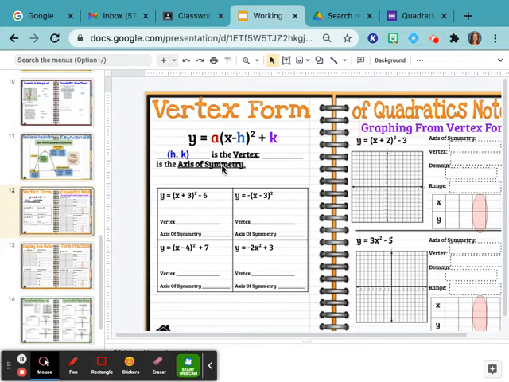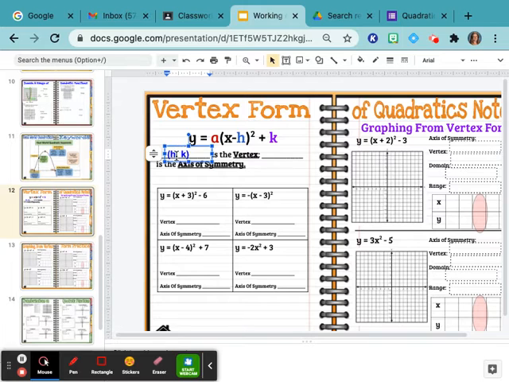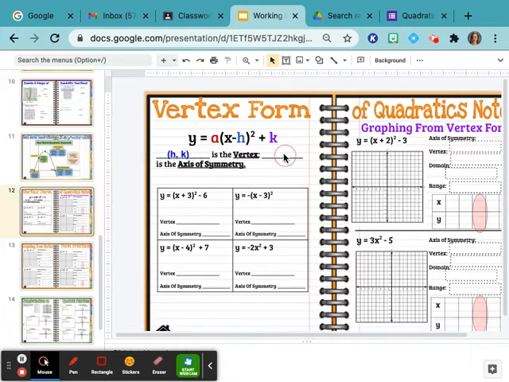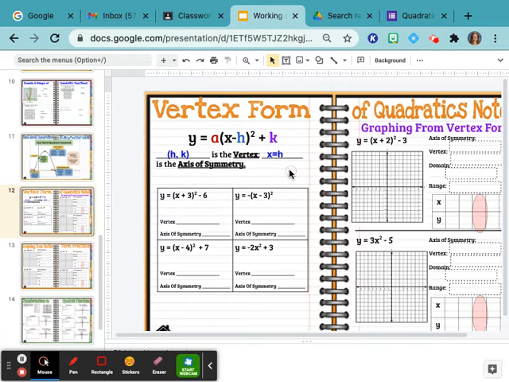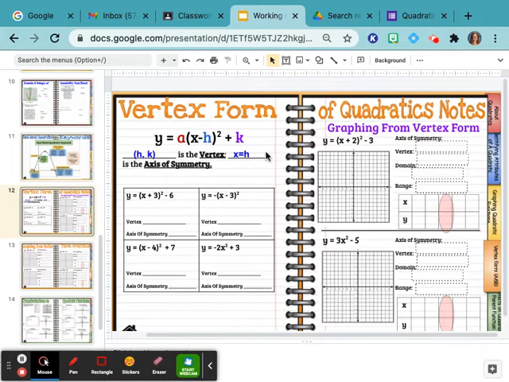It says blank is the axis of symmetry. Whenever we do our axis of symmetry, we use the x value of the vertex. So our axis of symmetry is x equals h. Because the axis of symmetry goes straight down our vertex and cuts it in half, and it's equal on both sides. It's the exact same shape.